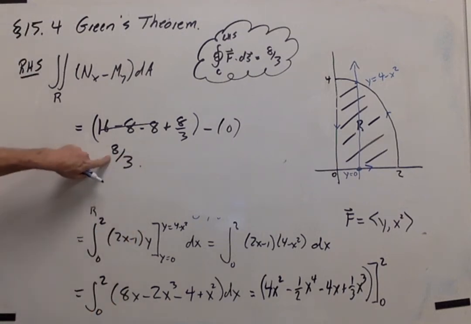Look at that. I get 8/3 for this side of Green's theorem, which was indeed equal to the other side.